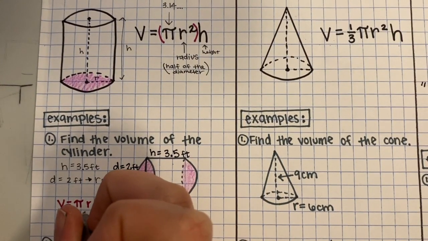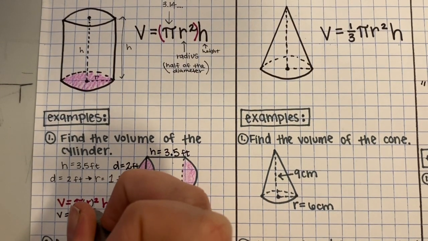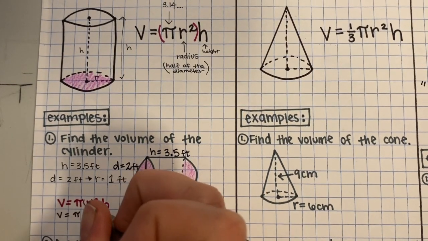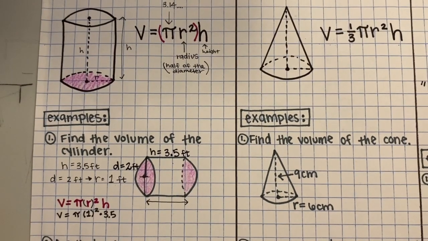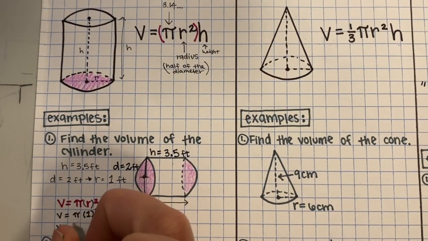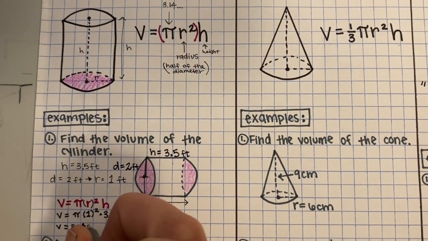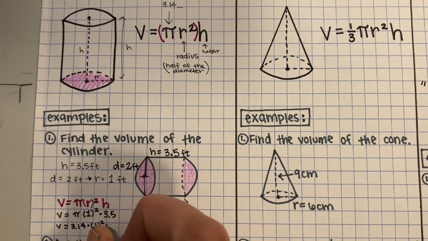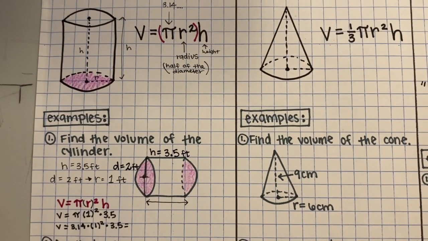R is 1, so in place of the R, I'm going to put a 1 squared times height, which is 3.5. If I am using 3.14 as pi, then I'm just going to replace pi with 3.14. So then I have 3.14 times 1 squared times 3.5. And I would plug that into my calculator.